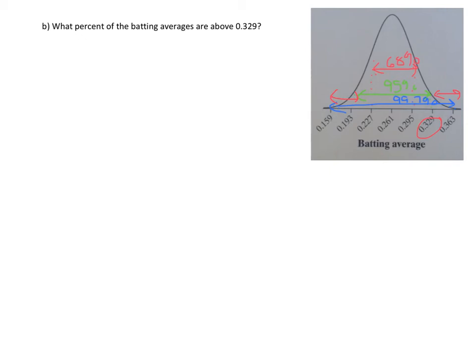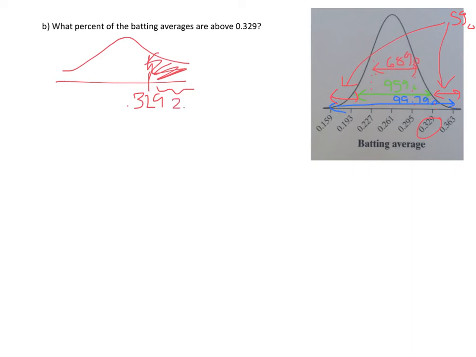And that means that this arrow and this arrow are going to add up to 5%. So then greater than 0.329, I'm going to draw a little model right here. This part right here is actually going to be half of 5%, so it's going to be 2.5%.